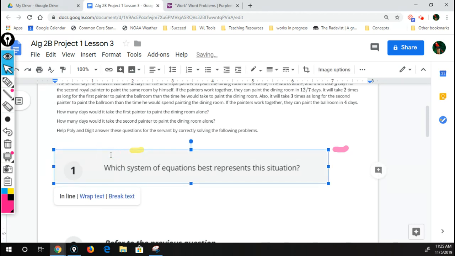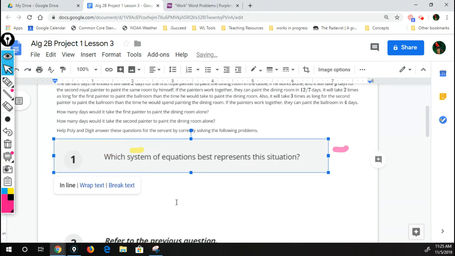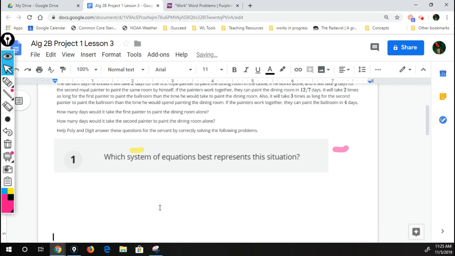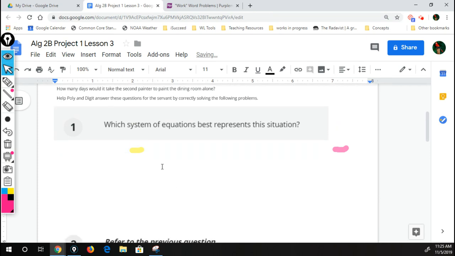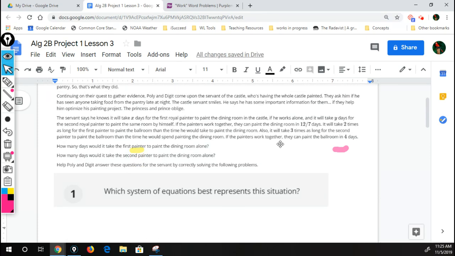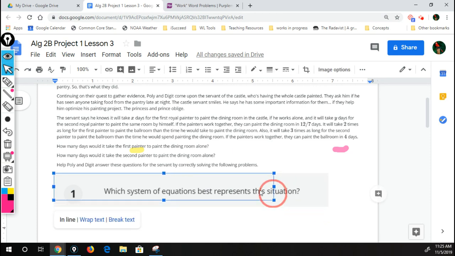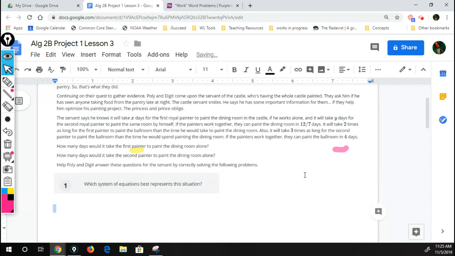So in other words, I'm going to work on setting up the system of equations. So I need all of that information. Let me just make this a wee bit smaller. So I'm going to use all of that information, but I have information presented to me about 2 different things.